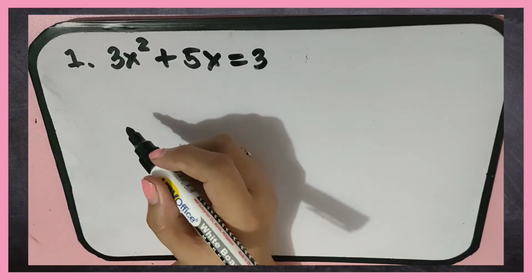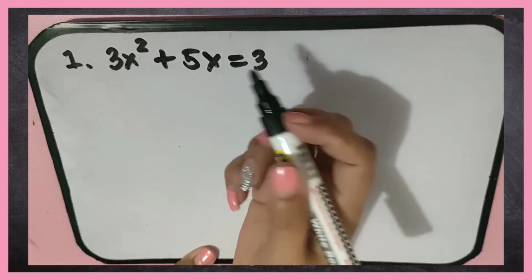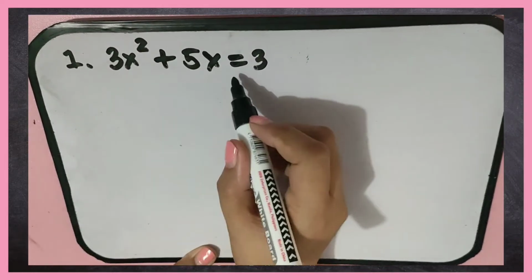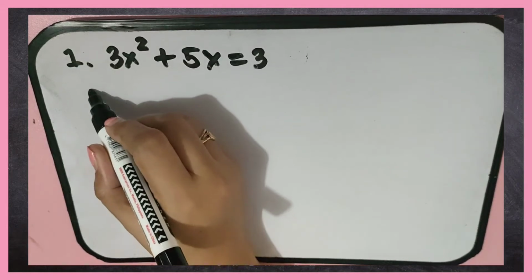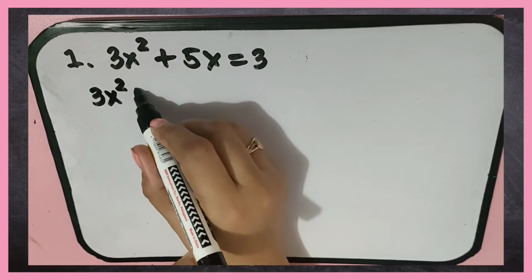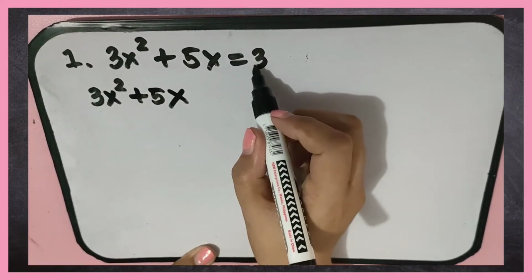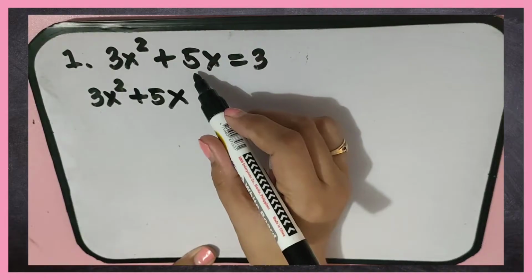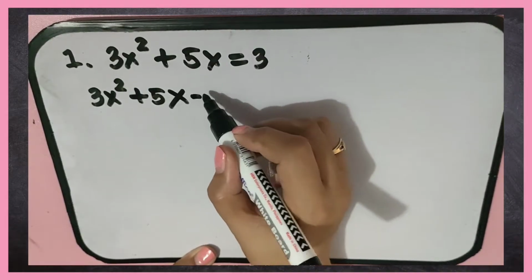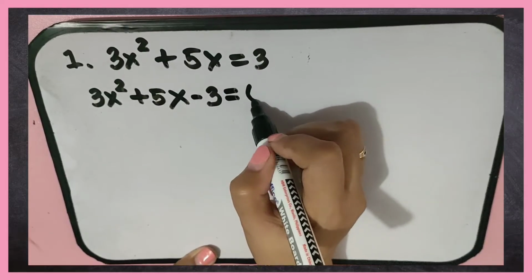Okay, let us follow the steps in solving quadratic equation by quadratic formula. So we will write this equation into standard form. So we have 3x squared plus 5x. Then we will transpose positive 3 to the left side of the equation. So it becomes negative 3 equals 0.